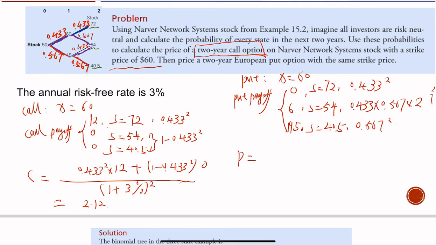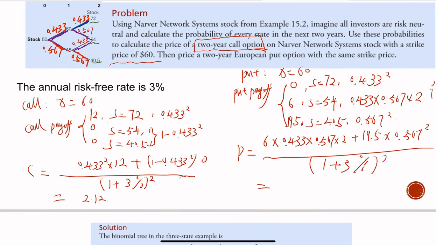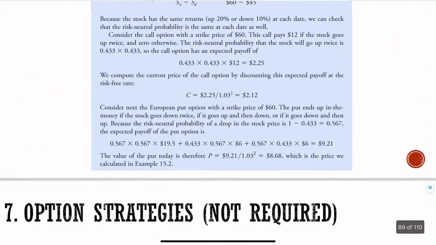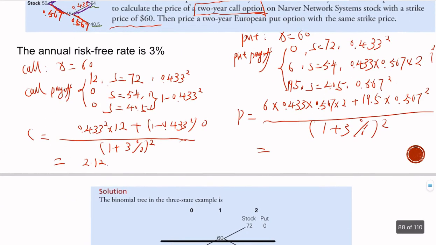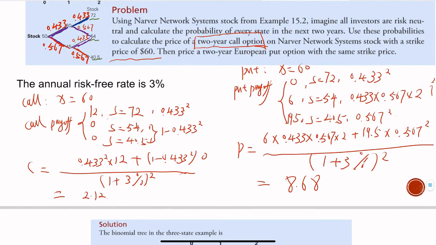So it should be 6 times the probability plus 19.5 times the probability, and then discounted by the, not 10%, then discounted by the 3% annual rate. So this gives us a value of 8.68.